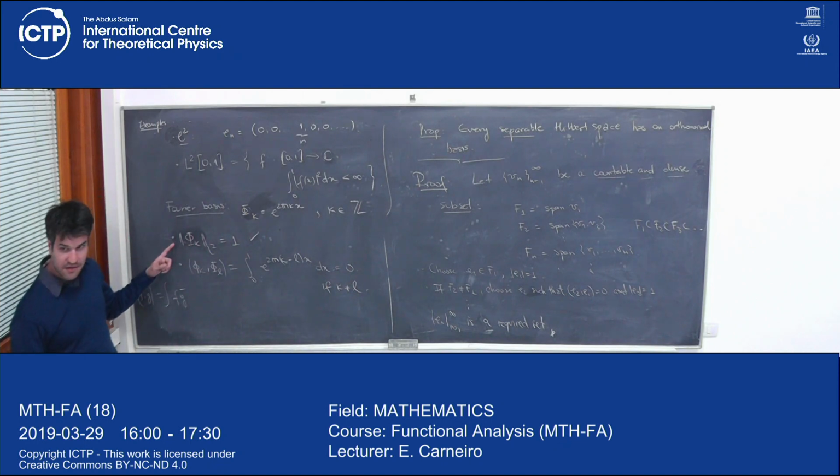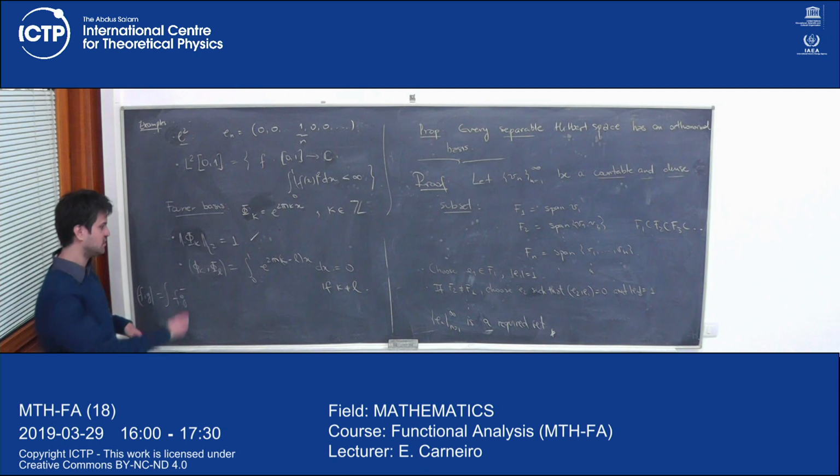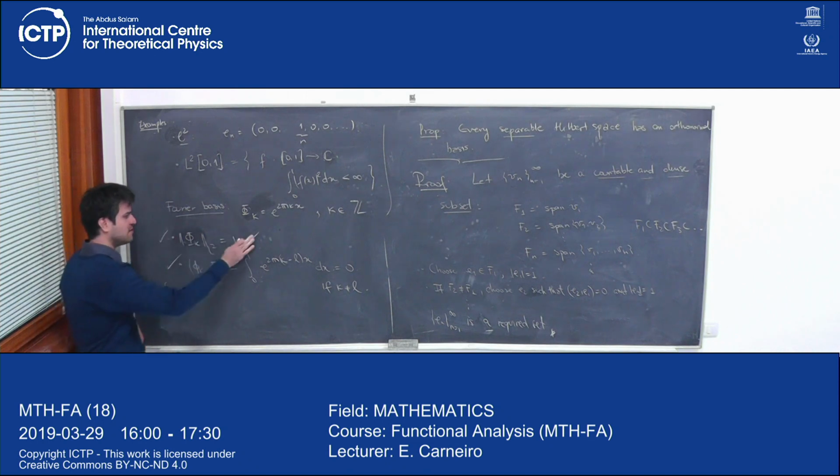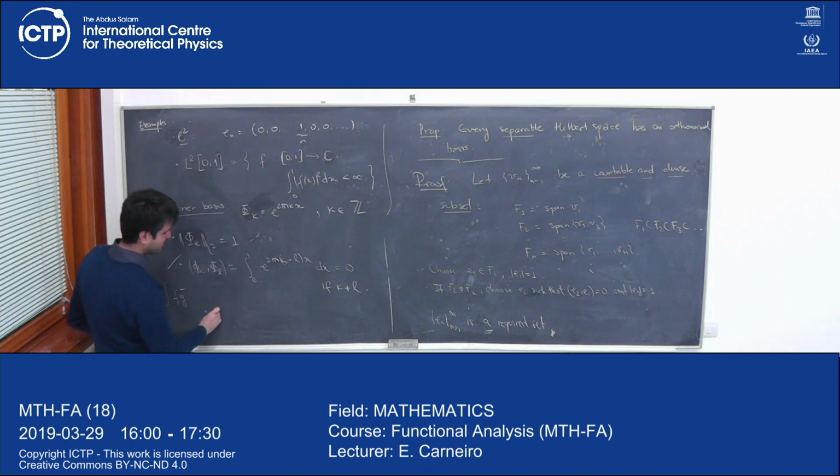So they have norm 1, they are orthogonal, they are almost what I want. I just want to conclude now that the subspace generated by these is dense. Okay, so check here. How about dense? How do I argue that this is dense?